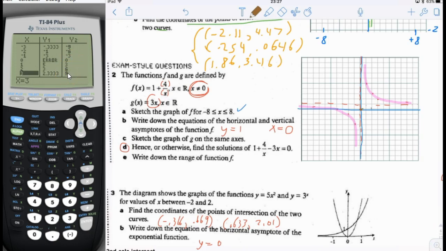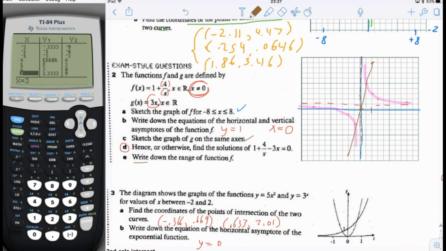That's a pretty easy point to graph. Okay, what about on the other side? -3, -9. All right. So there's the graph, kind of like that. Sketch the graph of g on the same axis. We did that. Then we're going to skip d for now.